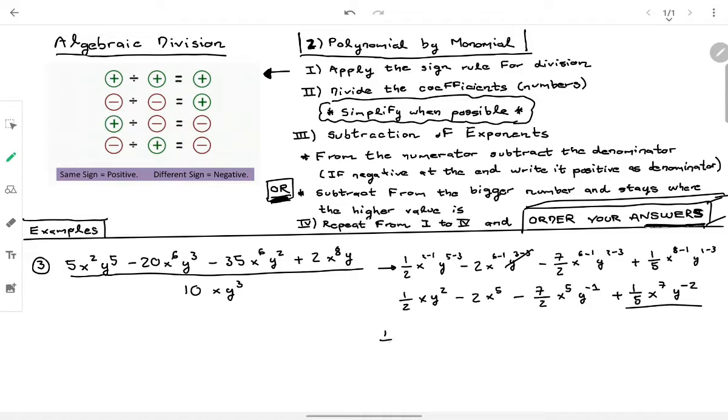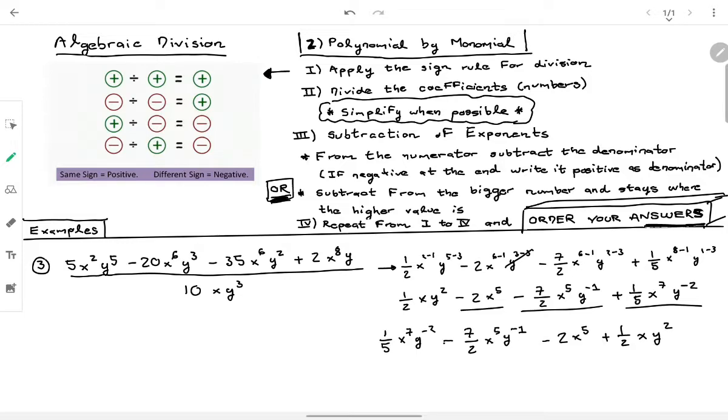So it's going to be the first one, 1/5, x to the 7, y to the minus 2. Then we will use this one, that it's minus 7/2 of x to the 5th, y to the minus 1. Then minus 2x to the 5th plus 1/2 of x y squared.